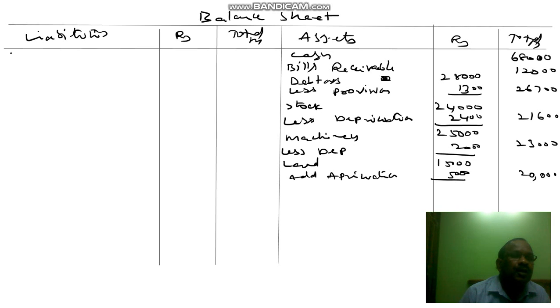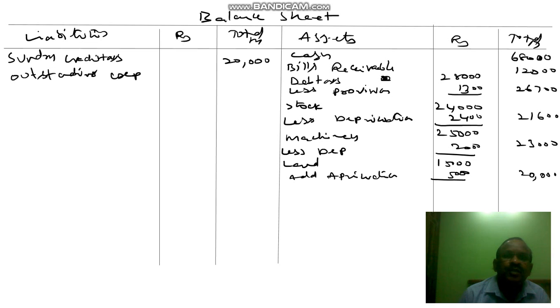So next is the liability side. Here sundry creditors is 20,000. Outstanding expenses is 5,000.